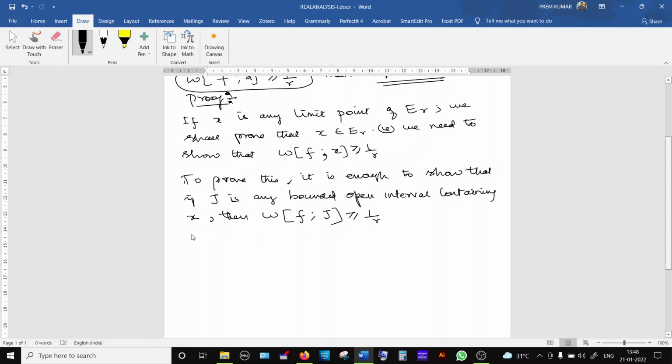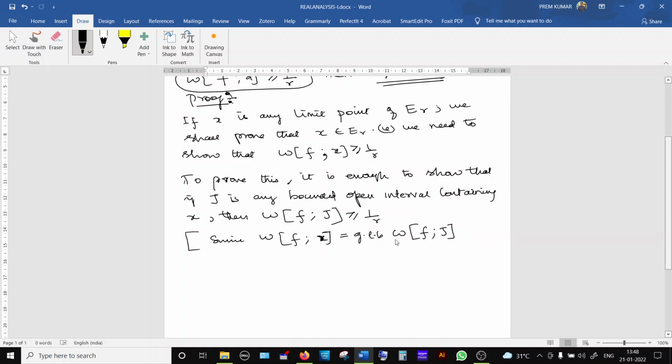Why we have to prove this is, since the oscillation of f at a point x is nothing but the GLB of all oscillations over J, where J is an open interval containing x.